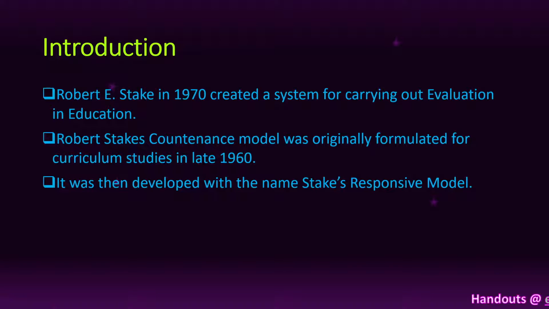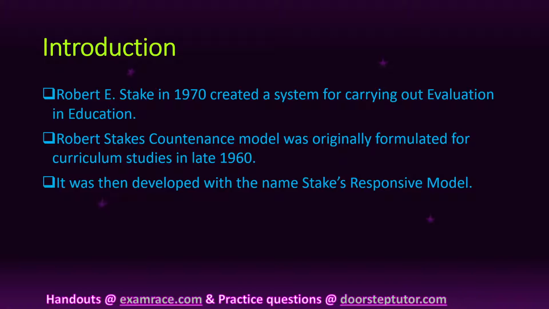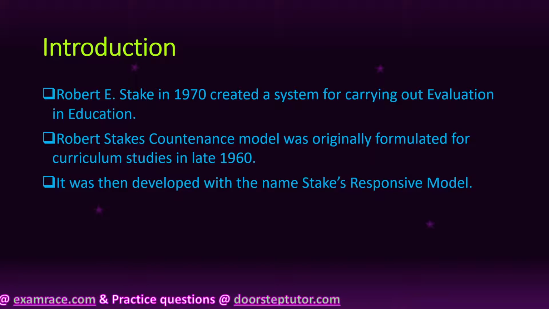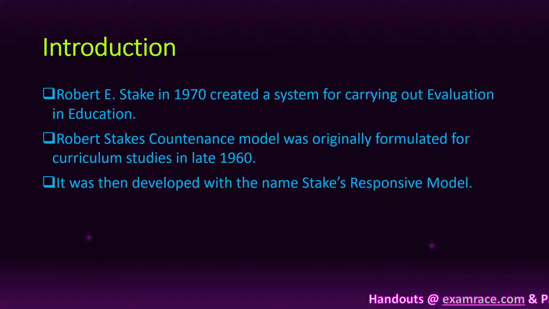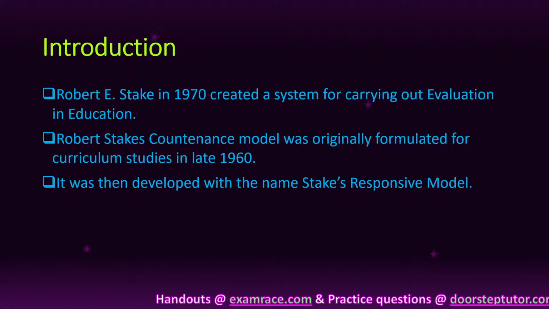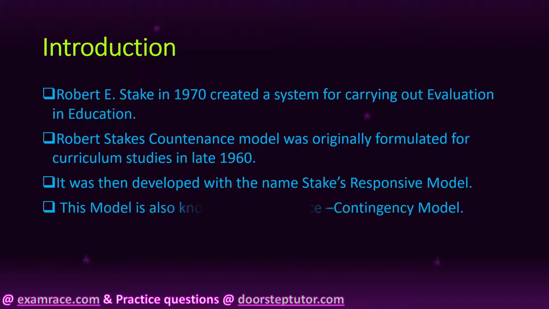All the persons involved in that program are responsive about whether that program is effective or not. So Stake's responsive model is used for evaluation, for giving feedback, and all the responsive persons give feedback for that program. So that's why this model is called Stake's responsive model.